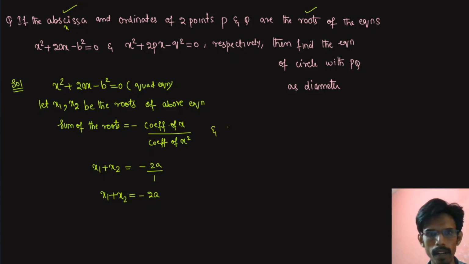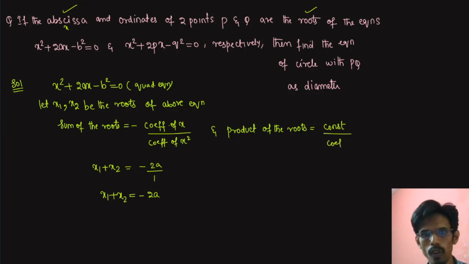Similarly, the product of the roots is the constant by the coefficient of x square in the quadratic equation. So x1 into x2 is equal to minus b square by 1. So we have x1 x2 equal to minus b square.